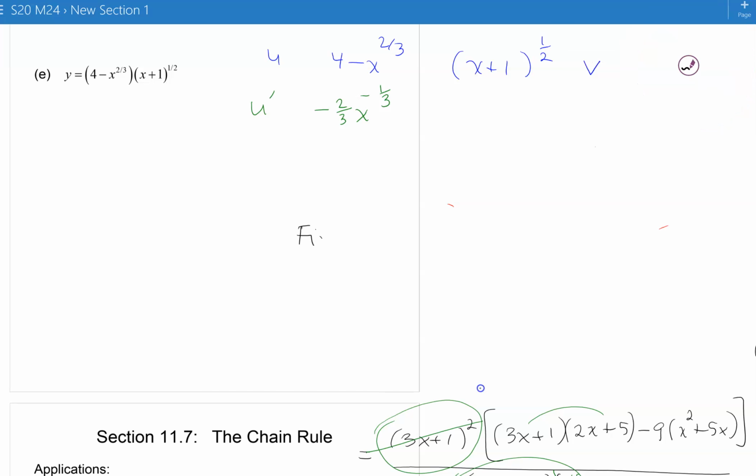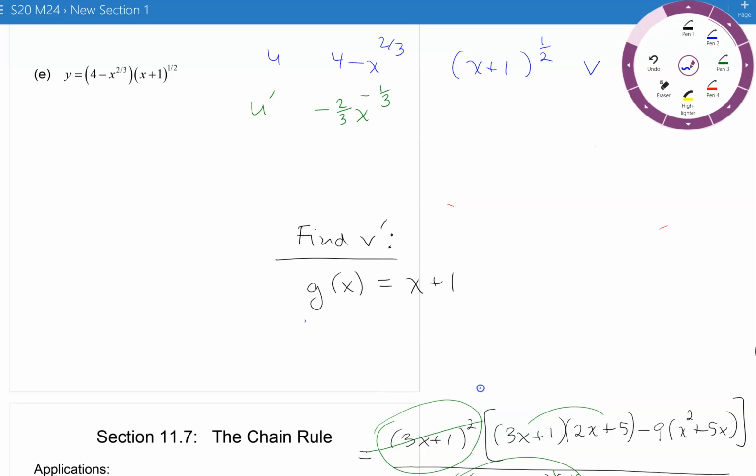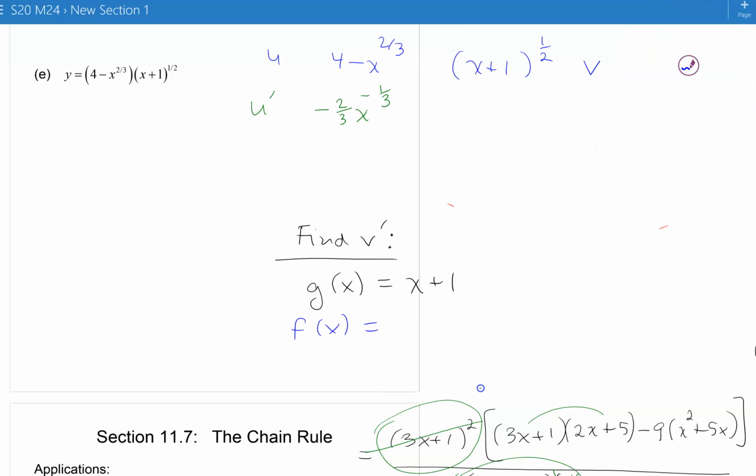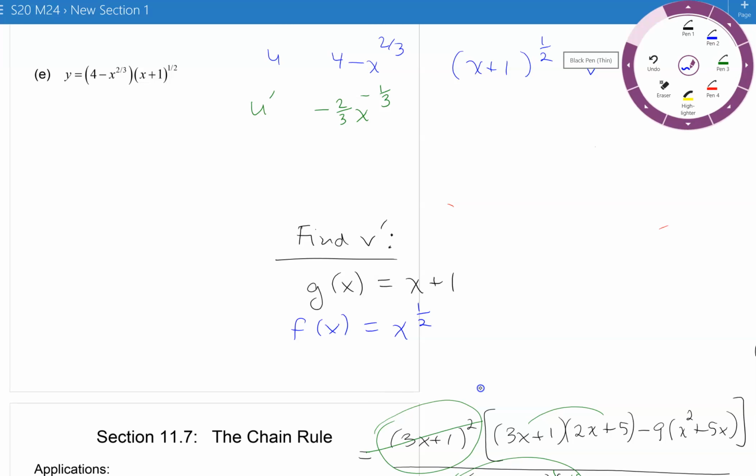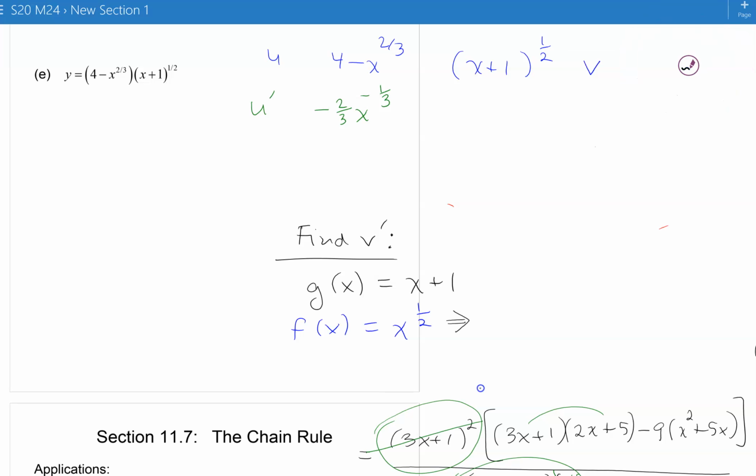So I'm going to find V prime over in a separate space where the inner function is the x plus 1. The outer function is the to the 1/2 power. So the derivative of f is 1/2 x to the negative 1/2.